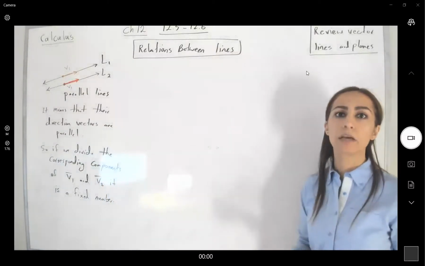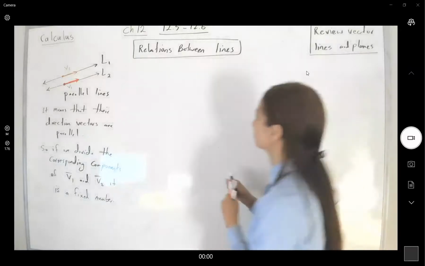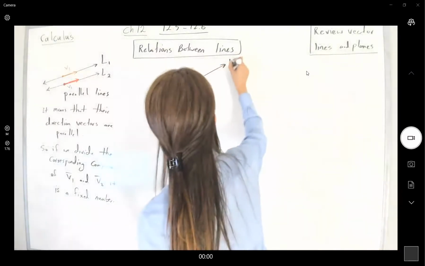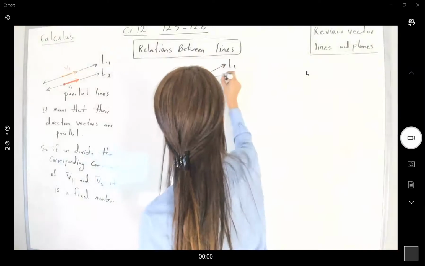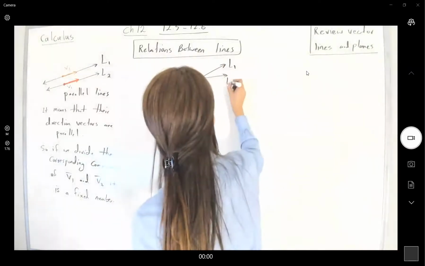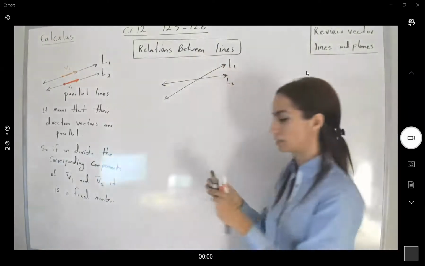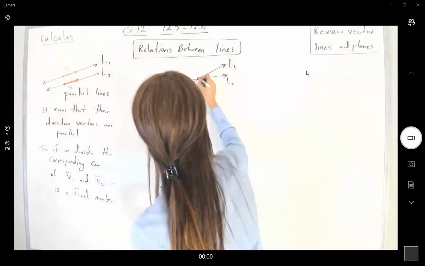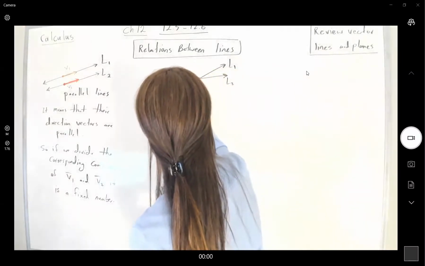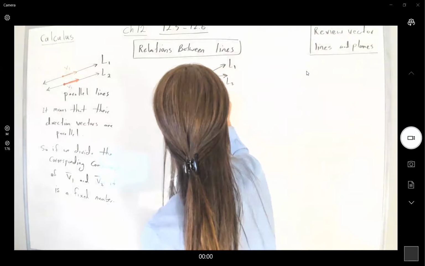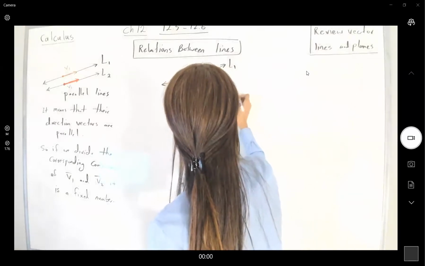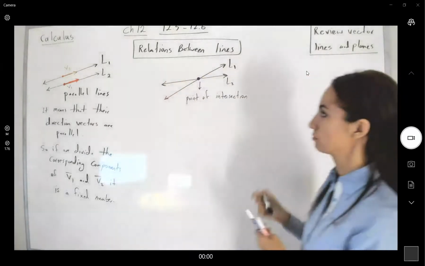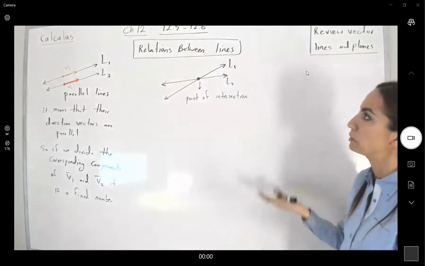The second case, they might be intersecting lines. L1 intersects L2, let's say at one point of intersection. So what's the meaning of that?